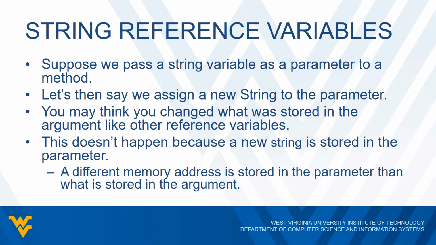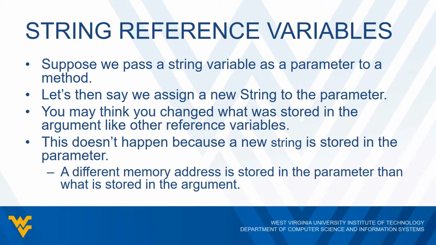So this means a different memory address is being stored in the parameter rather than what is stored in the argument. So remember, with reference variables, if I pass a reference variable, I'm passing the memory address. So when I change the object, that object has both the parameter and the argument pointing to that same object. So if I change the object, I see that change in both the parameter and the argument.